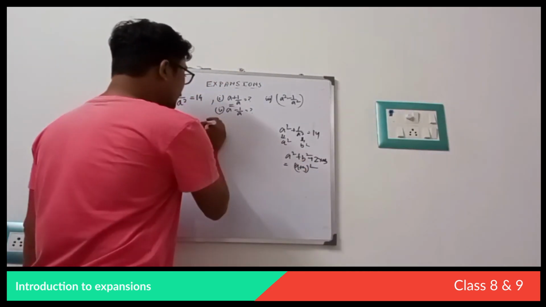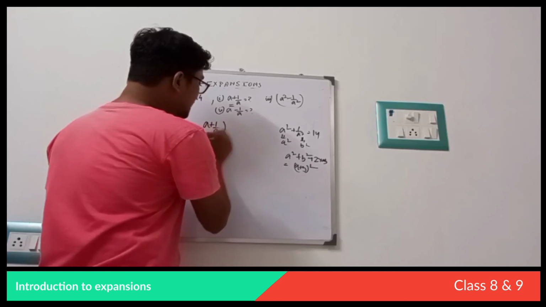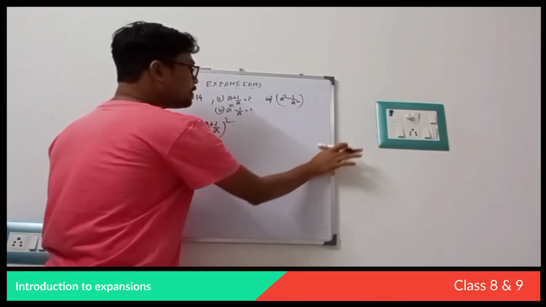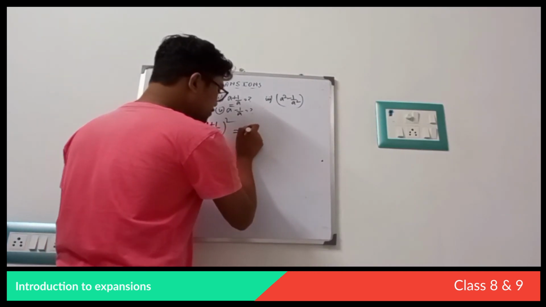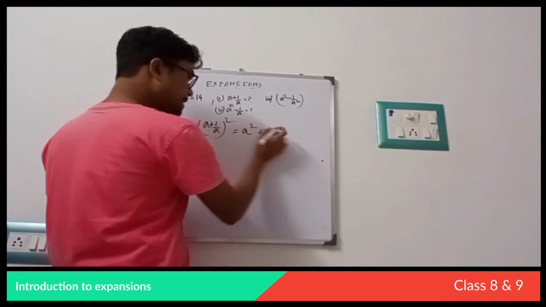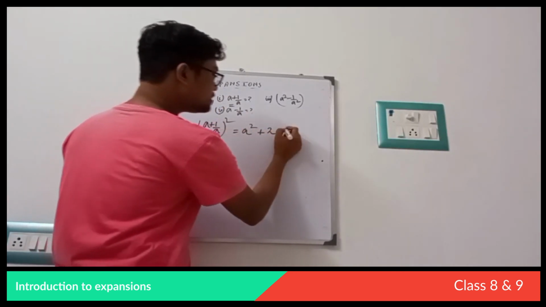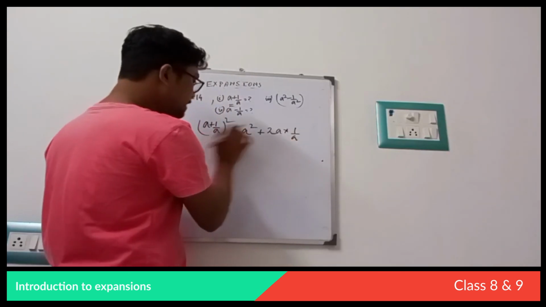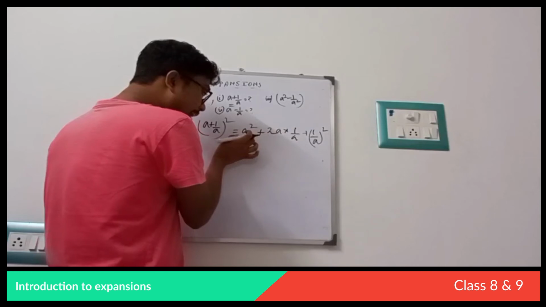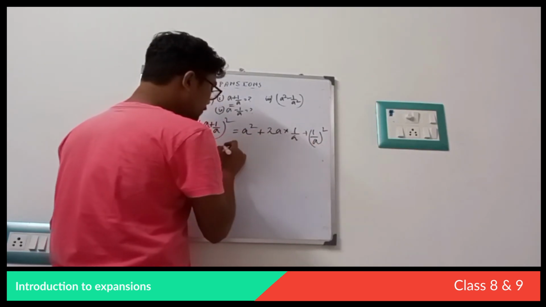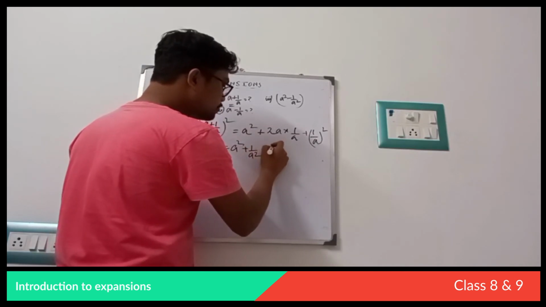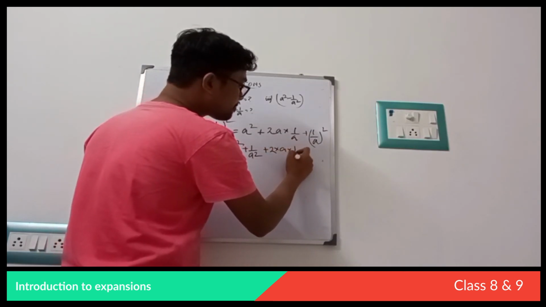First I define a plus 1 by a whole square. What is the formula of a plus b whole square? Equal to a square plus 2 into a into b plus b square. Now I take a square and 1 by a square one side: a square plus 1 by a square plus 2 into a into 1 by a.